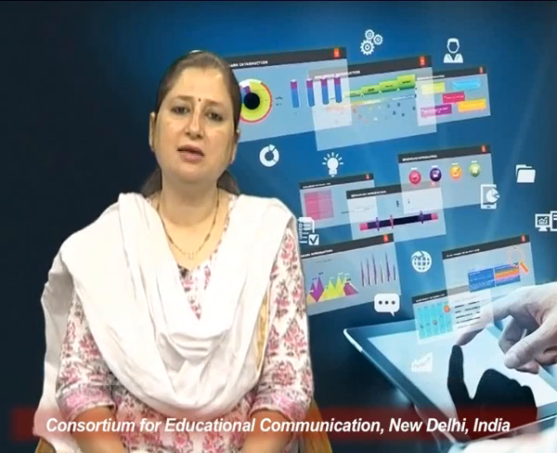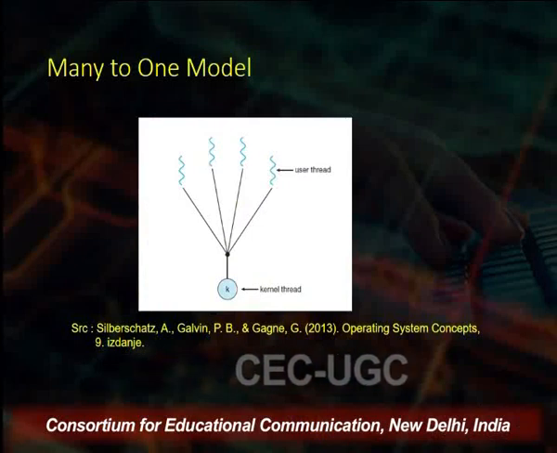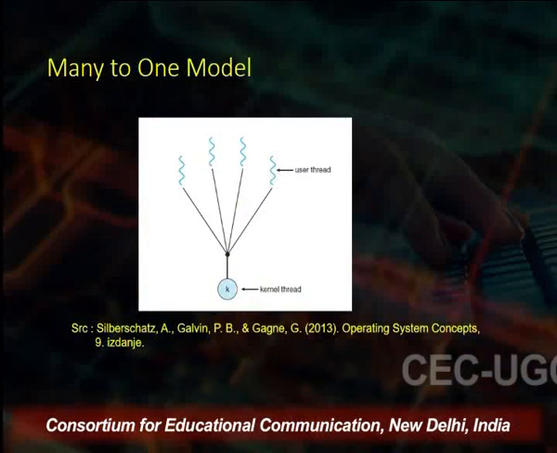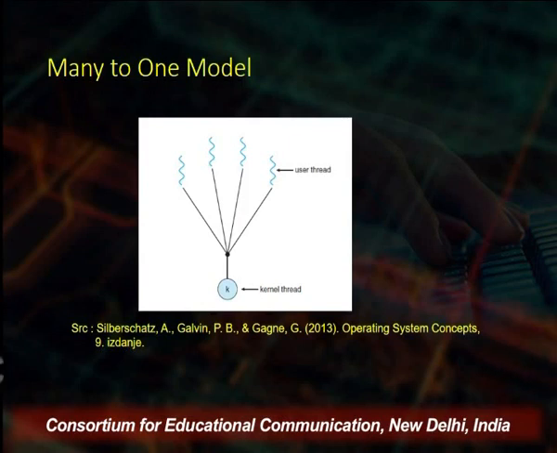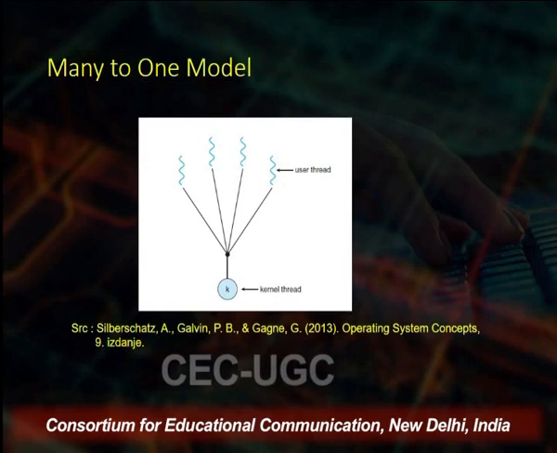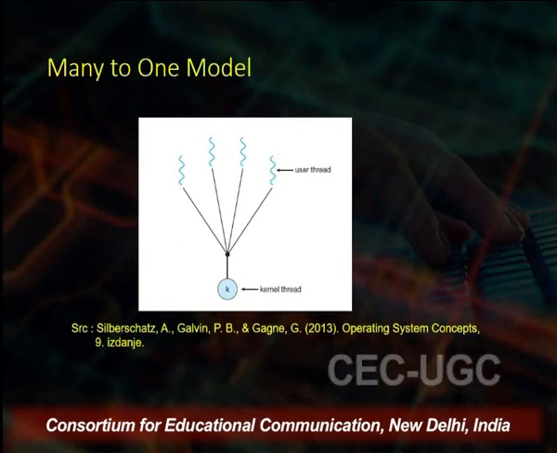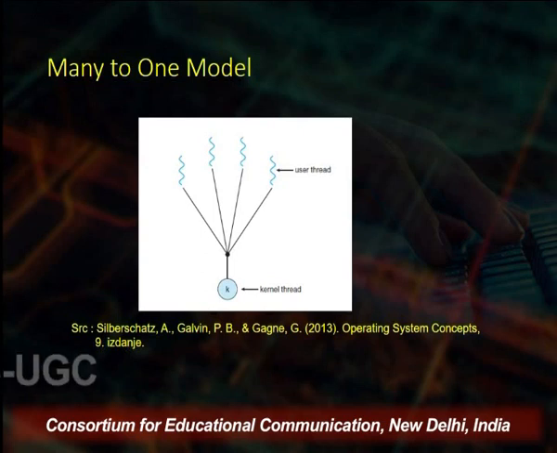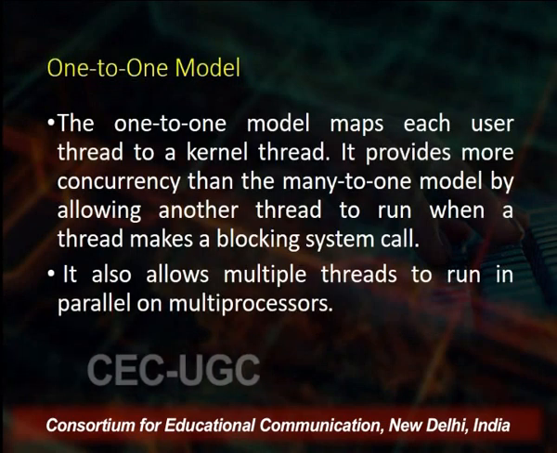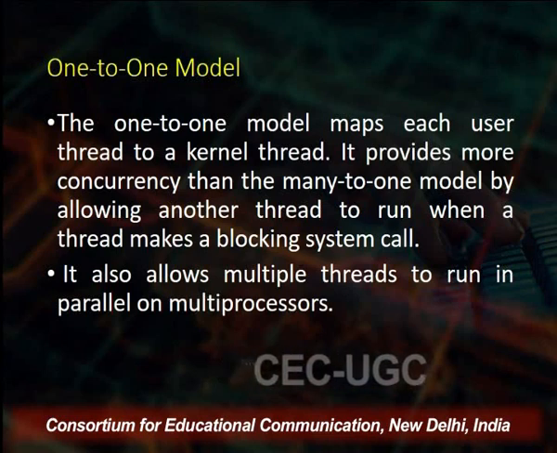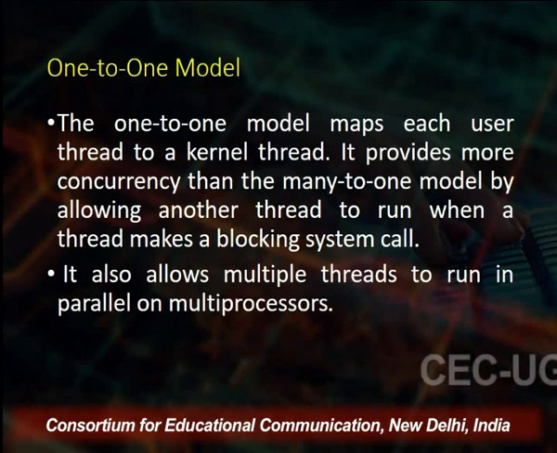This diagram shows how multiple user threads are bound to one kernel thread. This many to one model is not very commonly used because it does not leverage multi-core programming. The next model is the one to one model, in which each user thread is mapped to a single kernel thread.